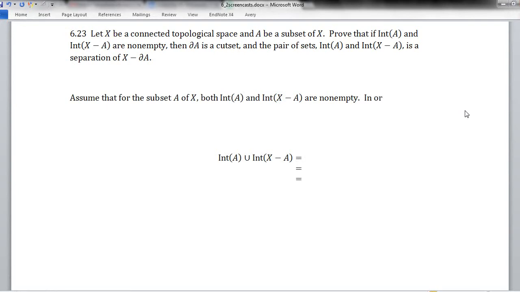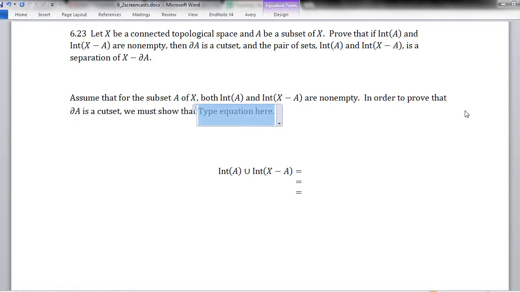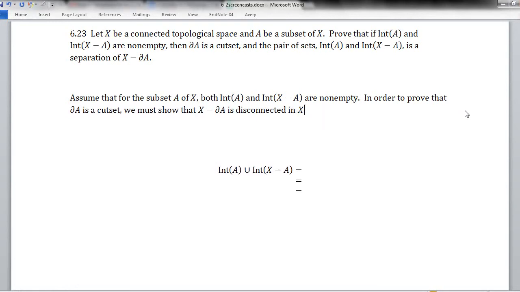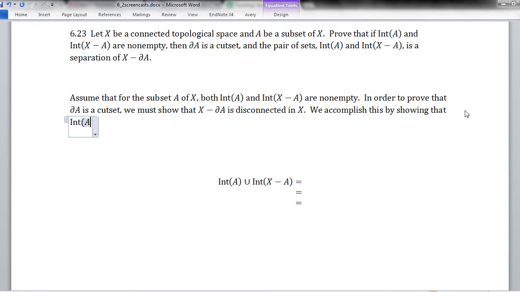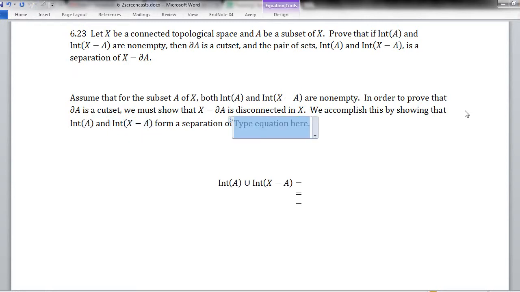Okay, and then in order to prove that the boundary of A is a cut set, we must show that its complement is disconnected in X. And we accomplish this as suggested in the problem by showing that the interior of A and the interior of X minus A form a separation of the complement of the boundary of A.